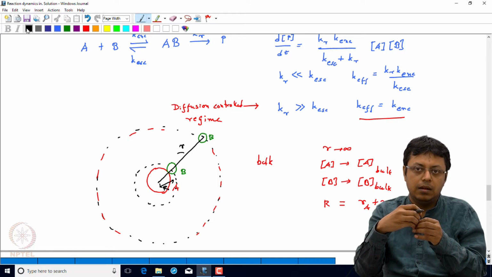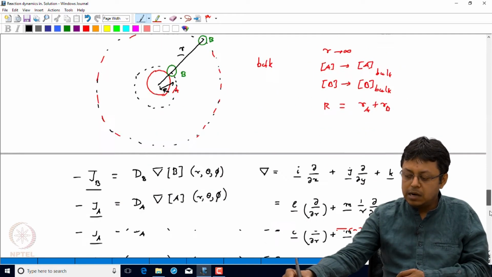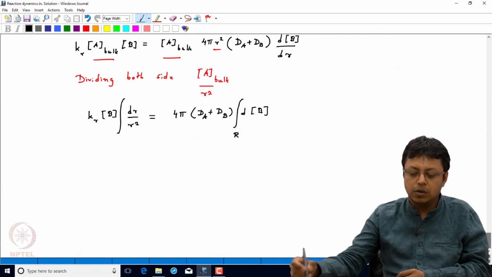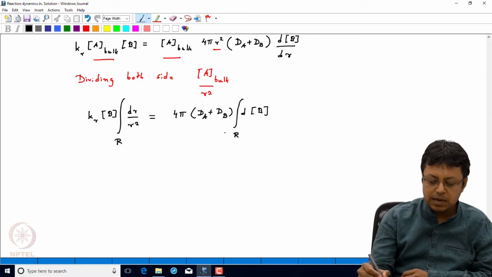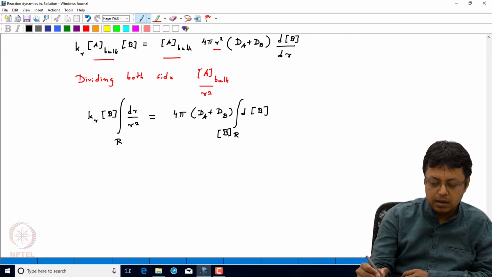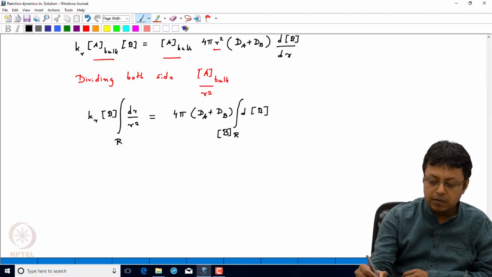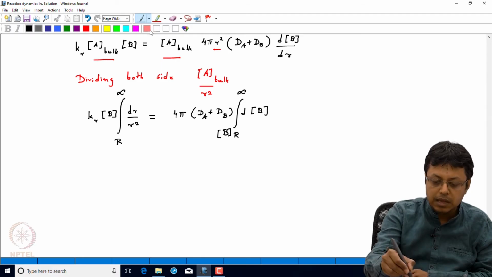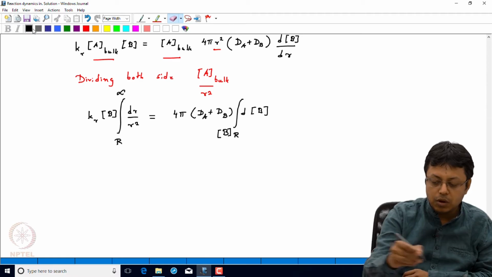But if the distance is more than this critical distance, these hard spheres will not touch each other and there will be no collision. So the lower limit is b at r, which happens at a location r, and at infinite distance this b will be nothing but equivalent to b bulk, which we already argued.